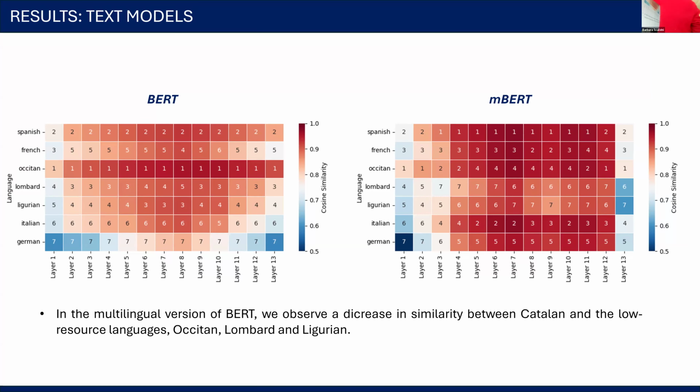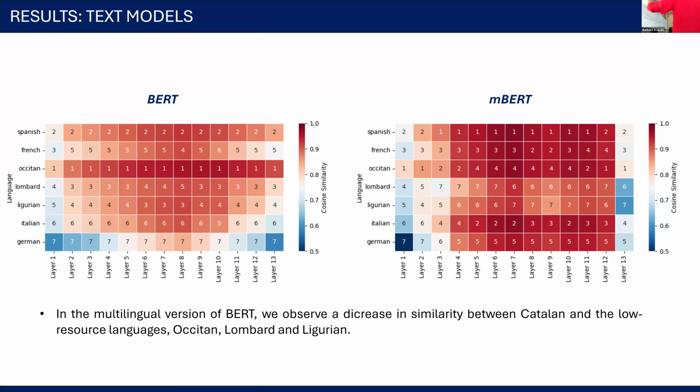So we find, for example, that Occitan in English BERT is reliably the closest to Catalan over all the layers. And this is interesting information because, as we've seen previously, Occitan, from a genetic point of view, syntactic point of view, and many others, geographical and so on, is the closest to Catalan. So this is a proof that this makes sense.